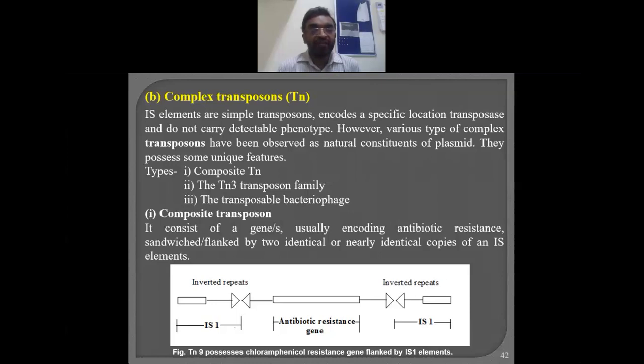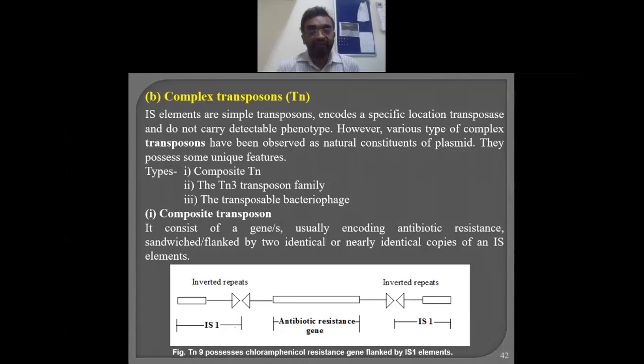One of the clear-cut differences between the complex transposon and the IS element is that the IS element does not carry a detectable phenotype, as I already mentioned. But complex transposons carry typical phenotypic characteristics.